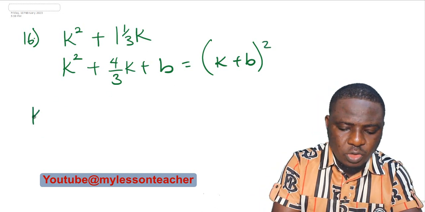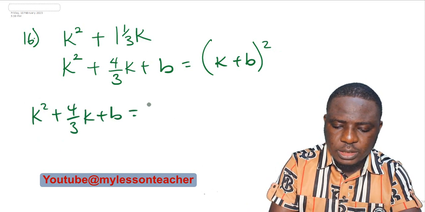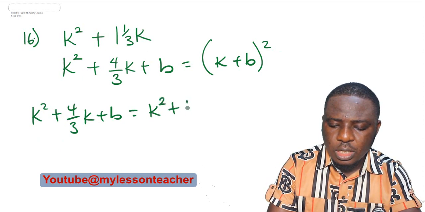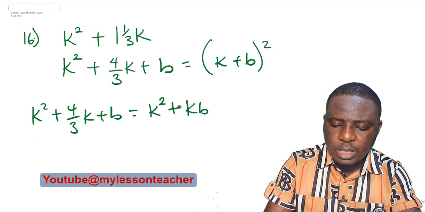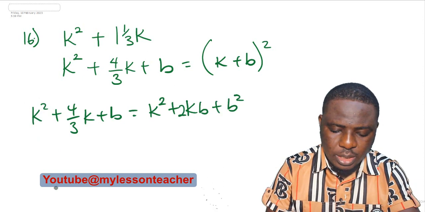So simplifying this, you have k squared plus 4 over 3k plus b is equal to k squared plus 2kb plus b squared.